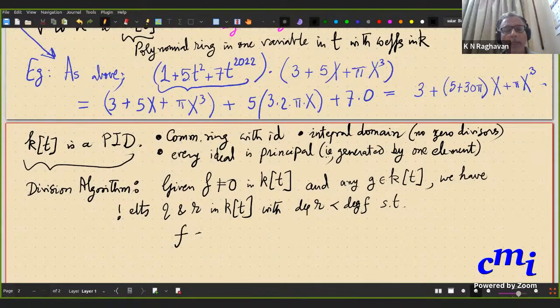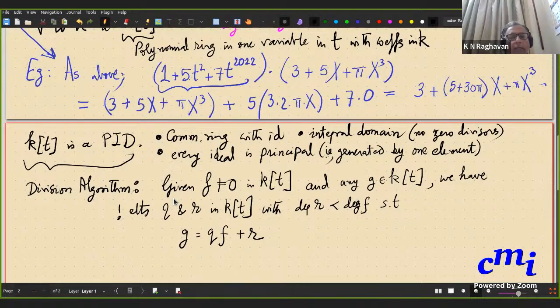we write it like this: g is equal to qf, or fq, doesn't matter, plus r. I've chosen q and r because q is the quotient and r is the remainder when I divide g by f. So this is the basic fact, and you do this just by long division.